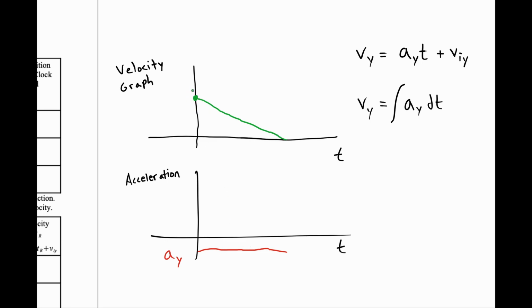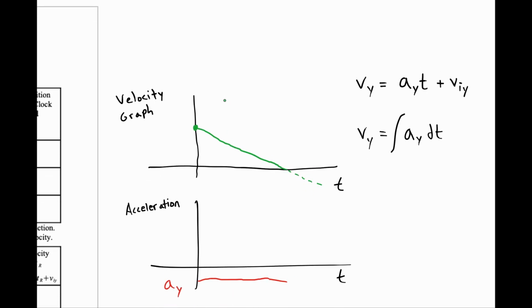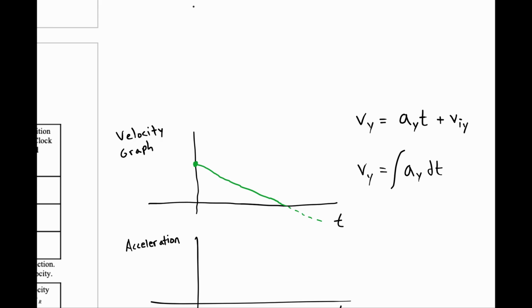Since it's negative, we want our velocity to slope downward. And that, in some situations, could keep going. In our situation, it doesn't. We don't get that far. And not only that, but it just physically wouldn't make sense for the ball to reverse direction in this situation. But in some situations it does, like throwing it up in the air.